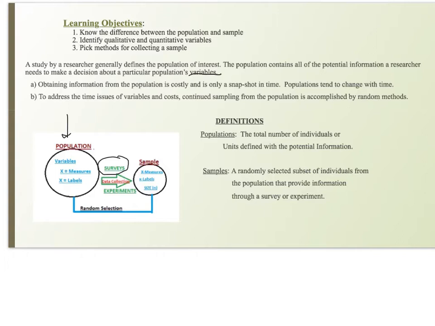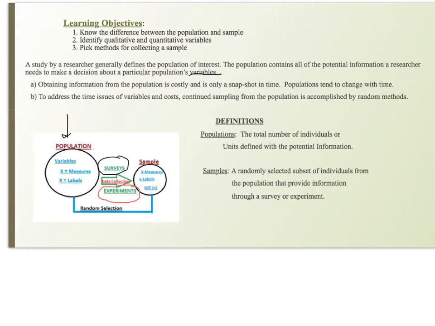The other is in scientific endeavors where there is a treatment effect and you want to see the outcomes of the treatment, we typically have what's called an experiment. So those are the two methods of collecting information from the population.